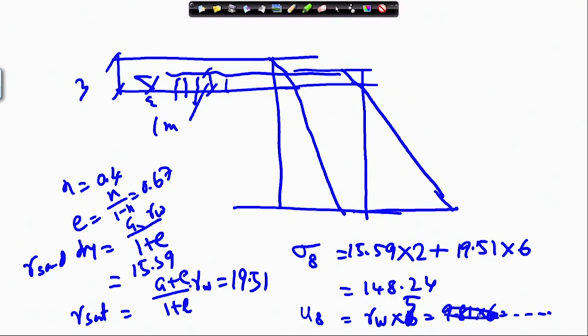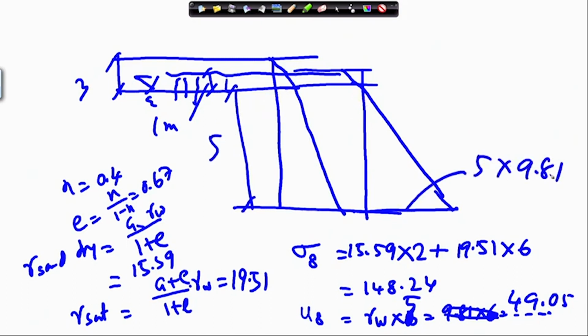So, it will be 49.05, this is 5 into 9.81. And at this depth, what is sigma 8 dash? It will be sigma 8 minus u 8.